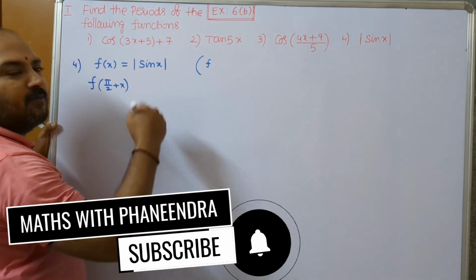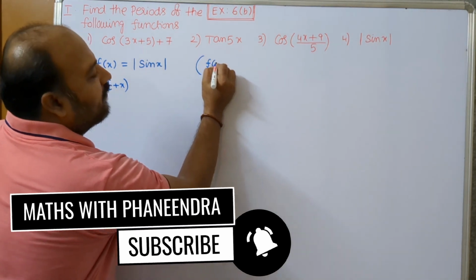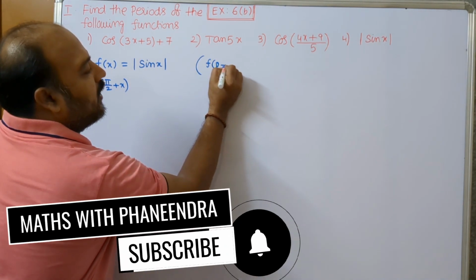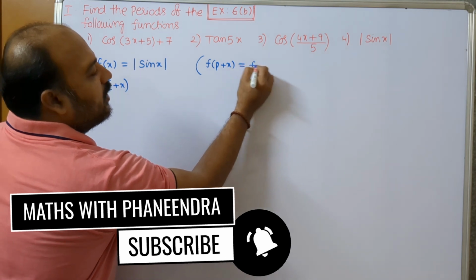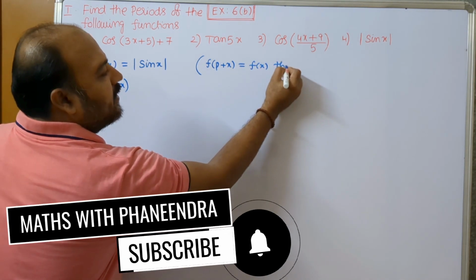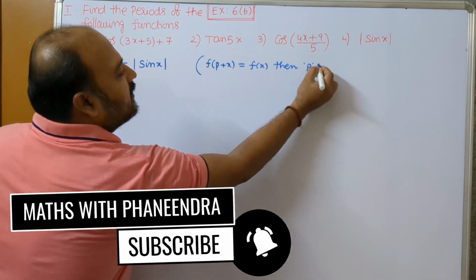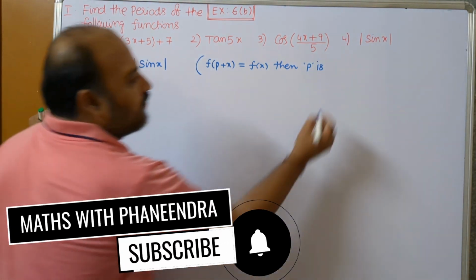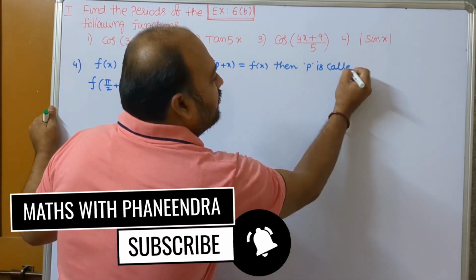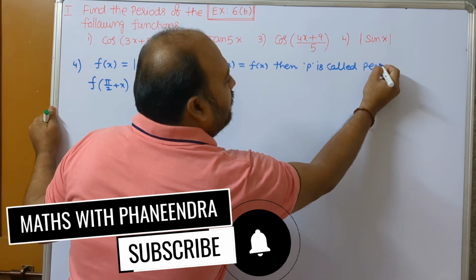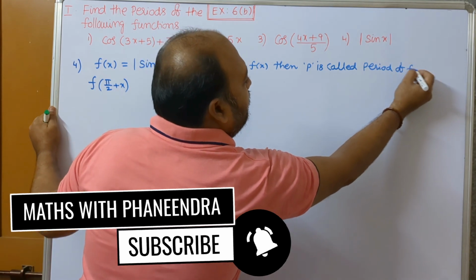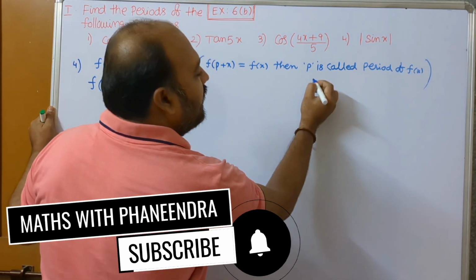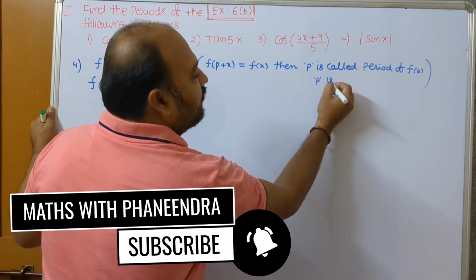F is defined from R to R. If f of p plus x is equal to f of x, then p is called the period of the function, where p is the least positive value.